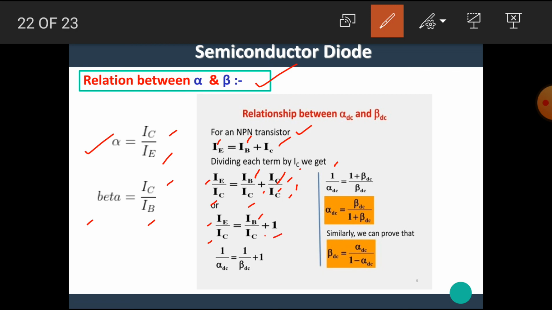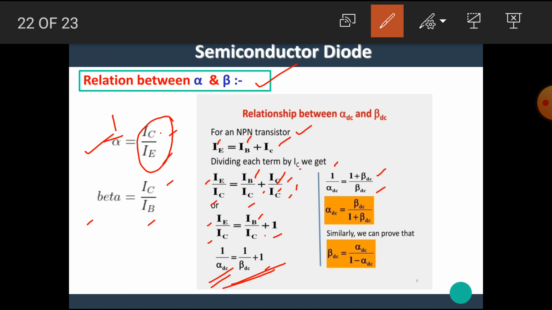But alpha DC is equal to IC upon IE, hence the reciprocal of alpha is IE upon IC. Hence we get 1 upon alpha is equal to 1 upon beta plus 1. After simplification of this equation, we get 1 upon alpha is equal to 1 plus beta upon beta.